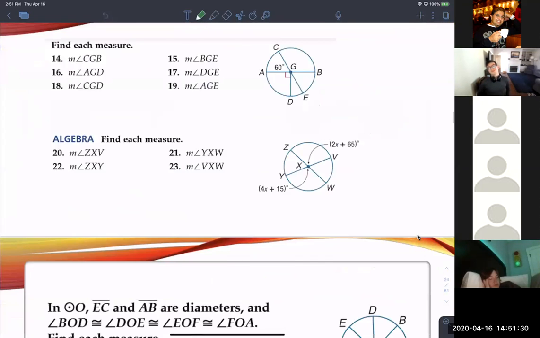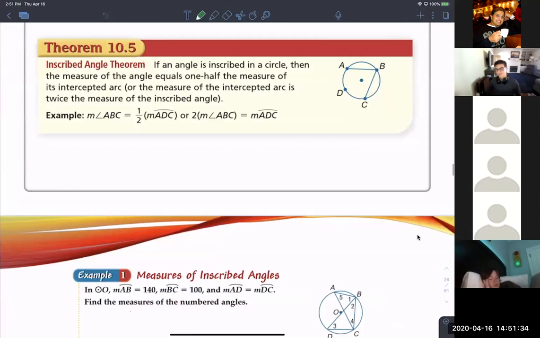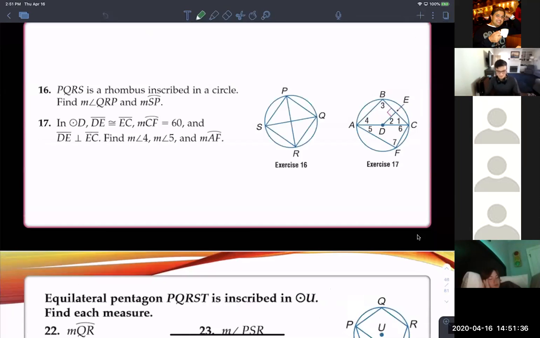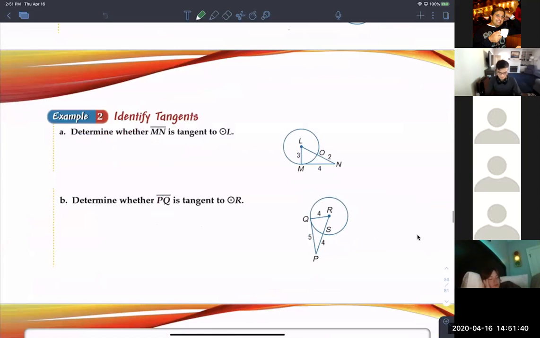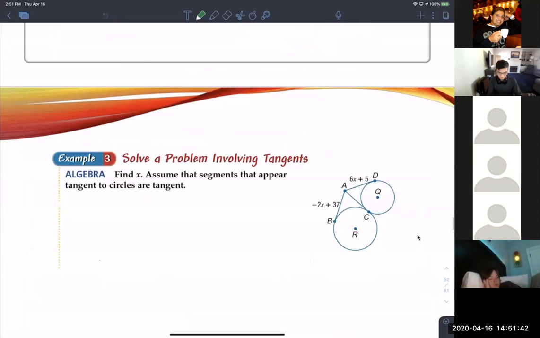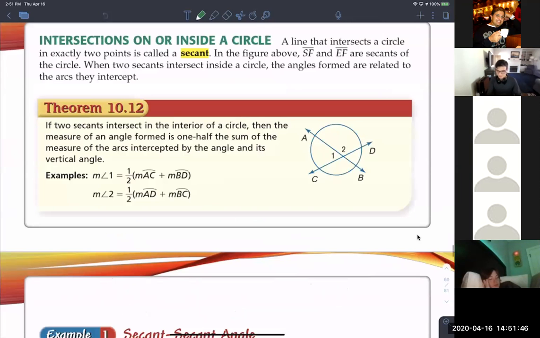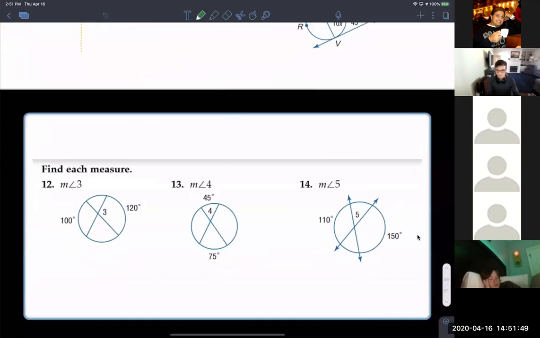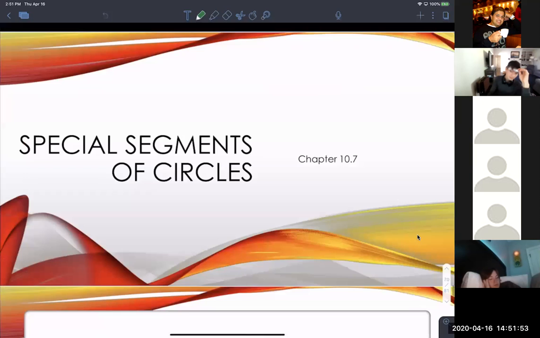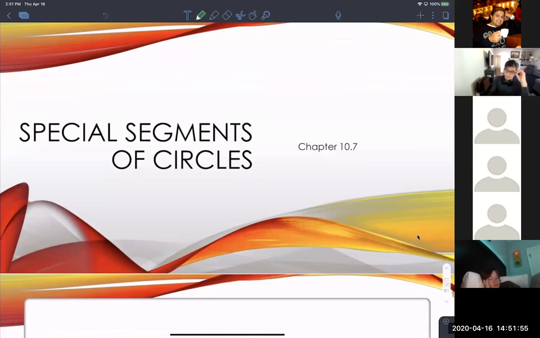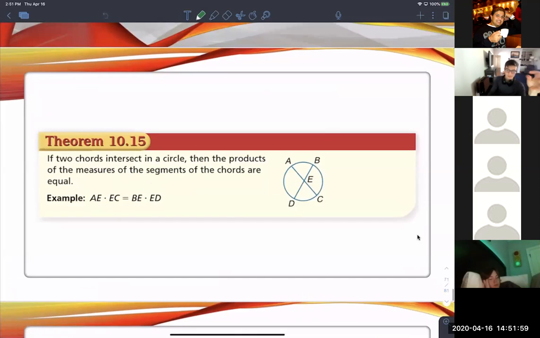It's called special segments. So let's take a scenario like this.